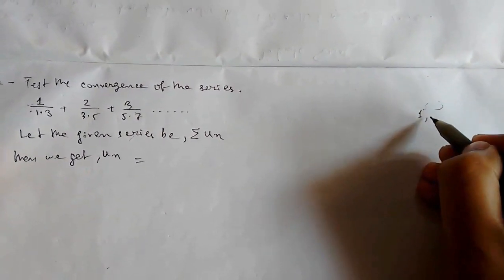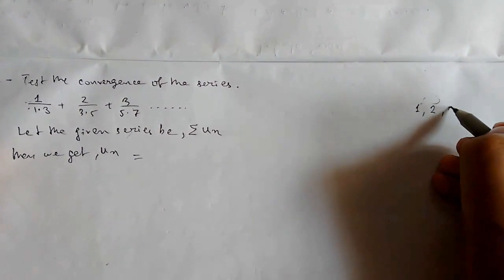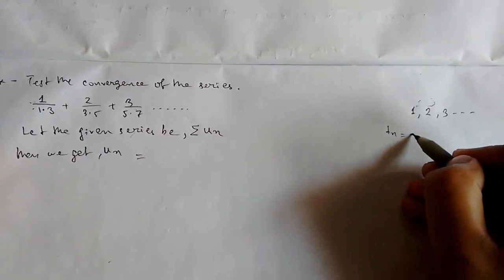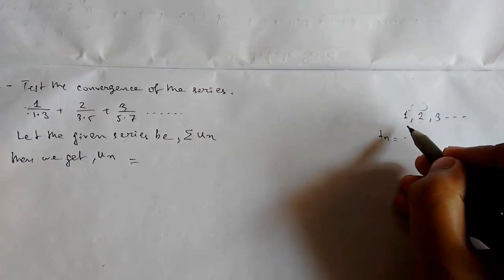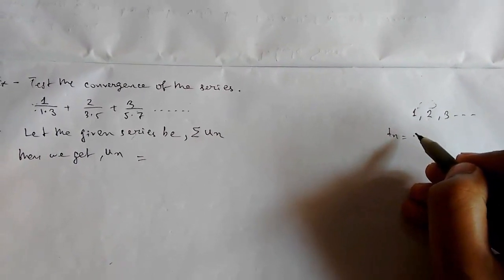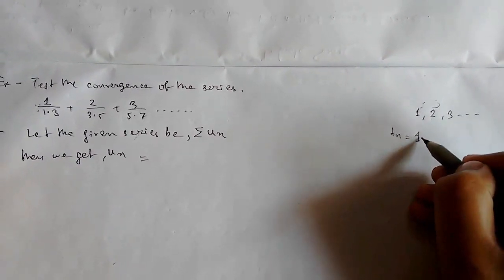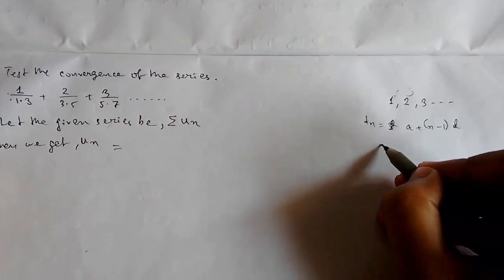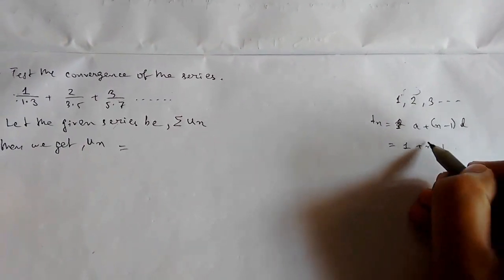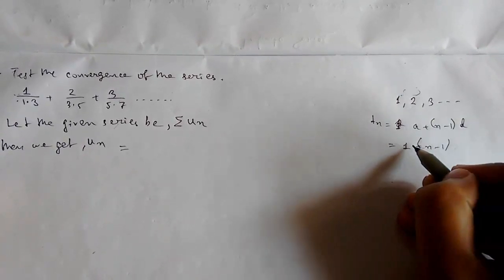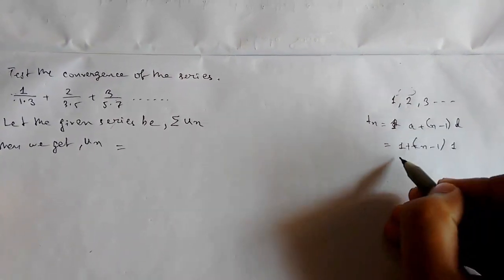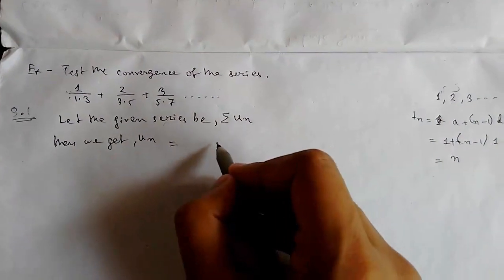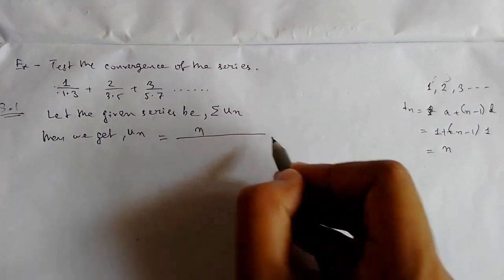First we consider the numerator part 1, 2, 3 up to infinity. The last term will be the nth term. We follow the arithmetic progression formula, a plus n minus 1 whole times d. Here the first term is 1 and the common difference is 1, so this turns out to be n.